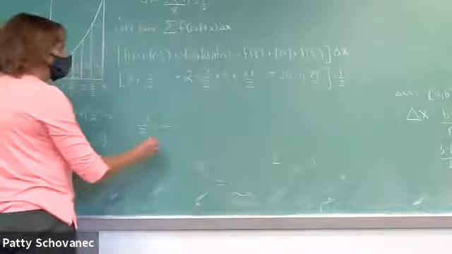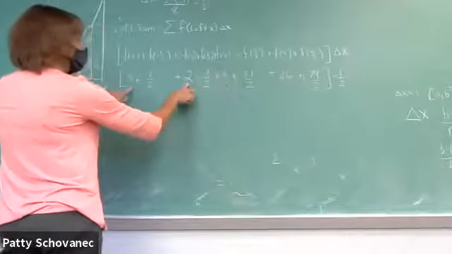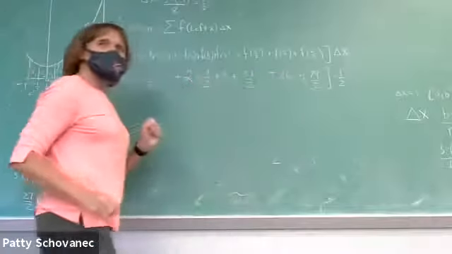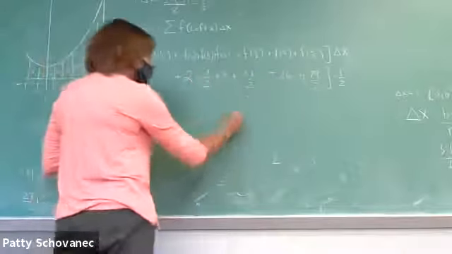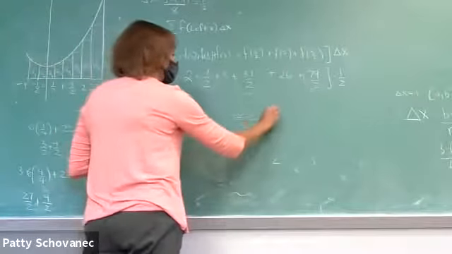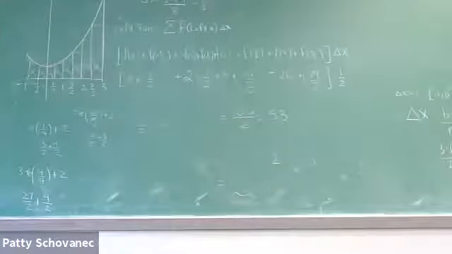So 62 plus that 8 makes 70, plus 10 makes 80, plus 26 makes 106, over 2 gives me 53. As the area approximated that way. You look like you believe that number?